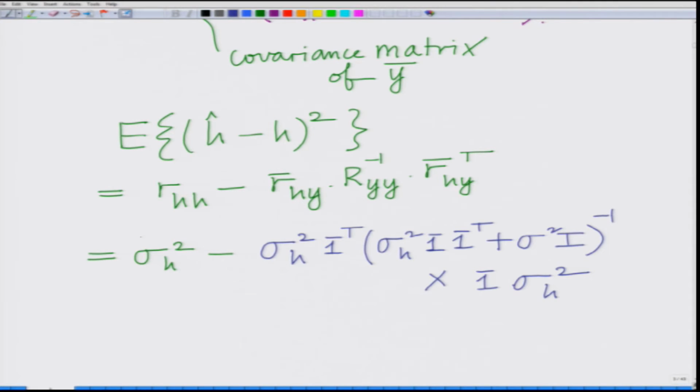Now this is your R_hh, that is sigma_h square, this is your R bar_hy, this is your R_yy inverse, and this quantity is your R bar_yh.